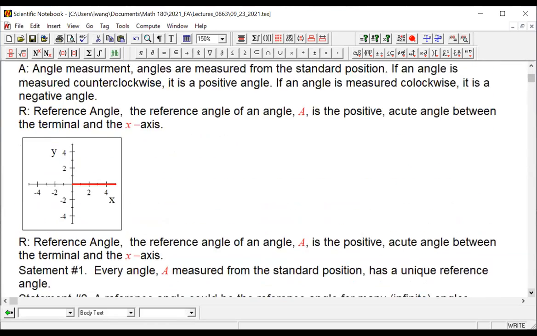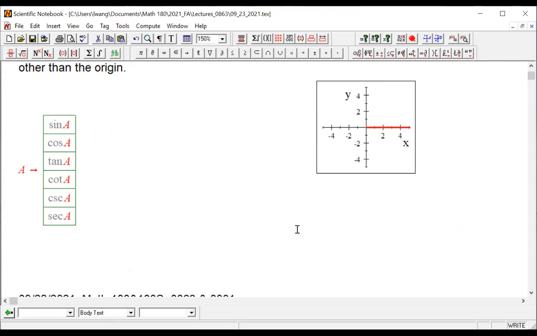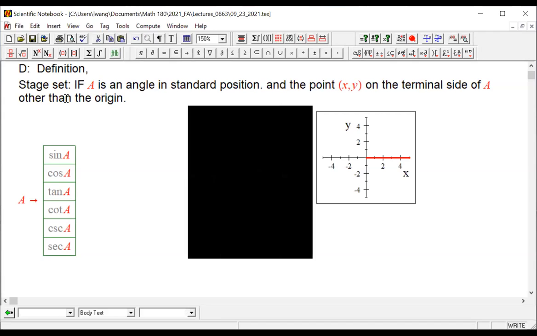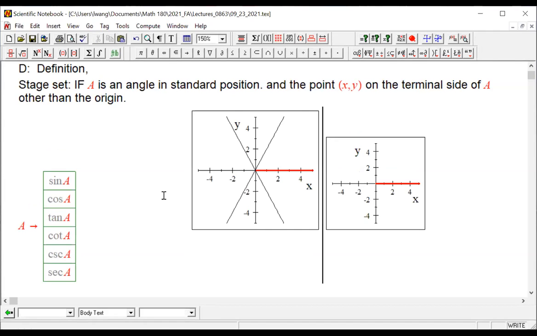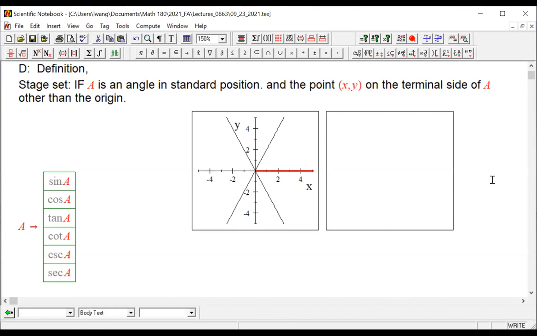I'm going to bring back another picture we have done. You can see in the entire process, I didn't use special angles. I could, but I don't want you to have the false impression that trigonometry is all about those special angles. In fact, in quiz number 10 this week, there's no special angle.